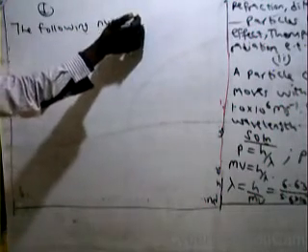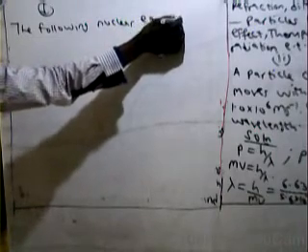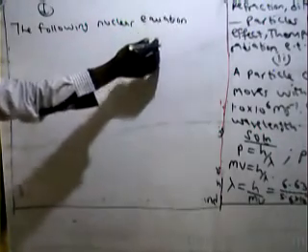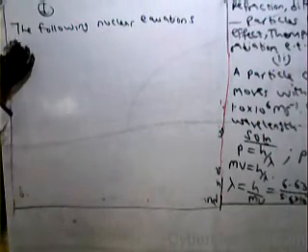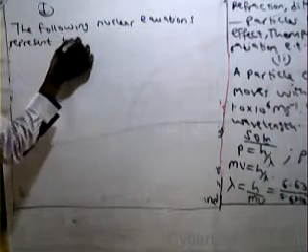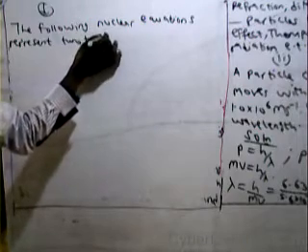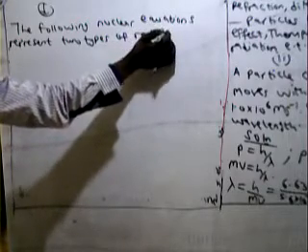The following nuclear equations represent two types of radioactivity.